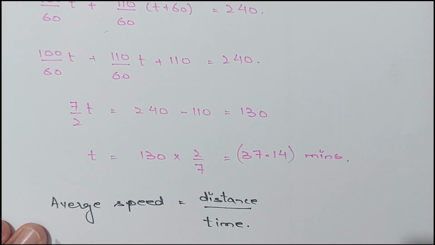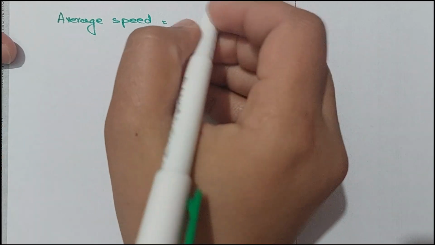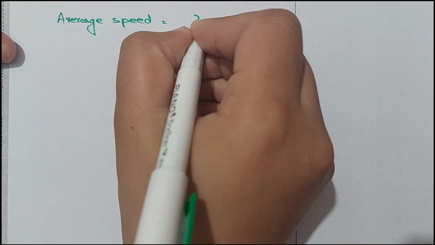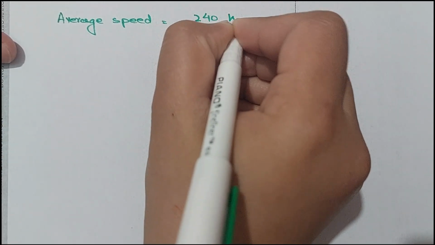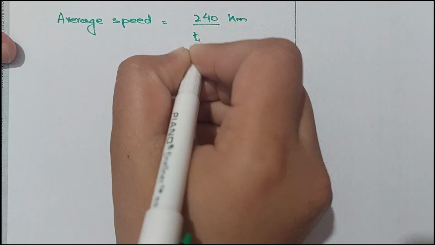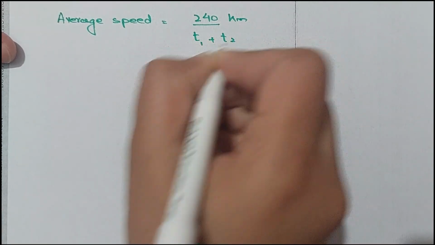Now we have to find the average speed, which is the total distance traveled, 240 kilometers, over the total time taken. As we have been given two times, the first time is t and the other time is t plus 60. The t we found is 37.14 minutes. The total time is the sum of time 1 and time 2.